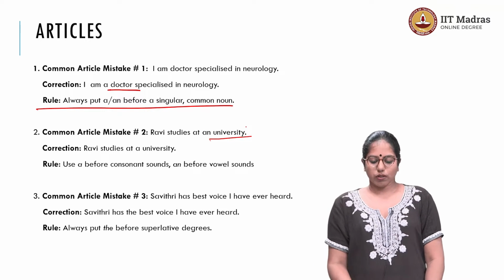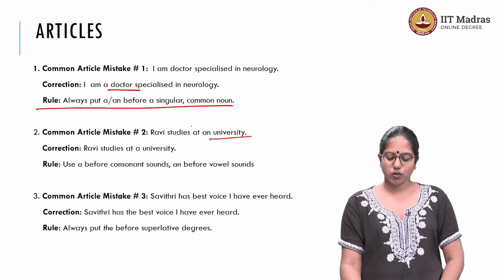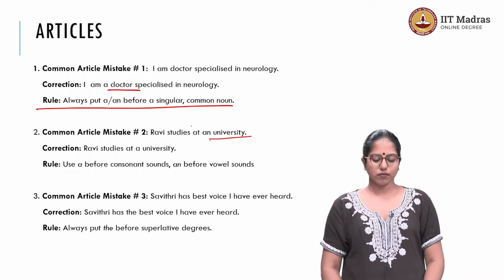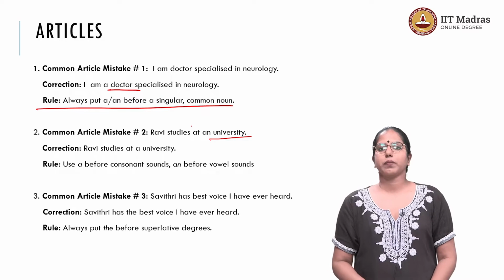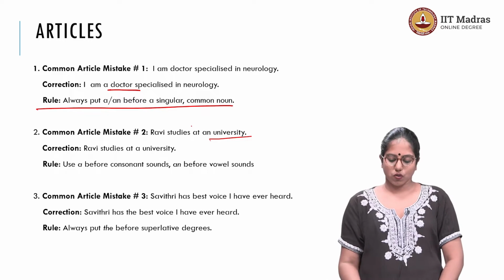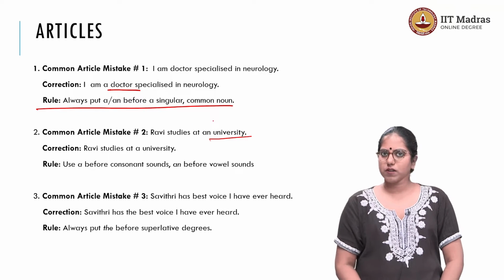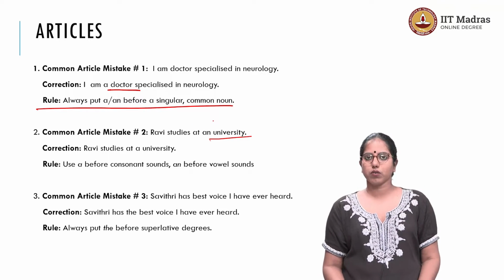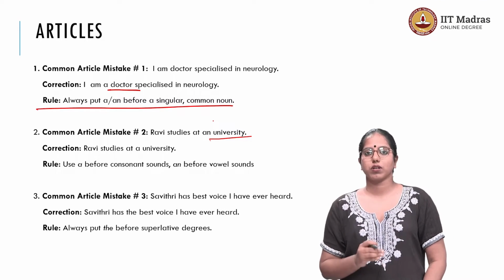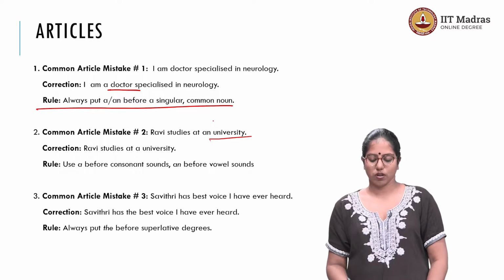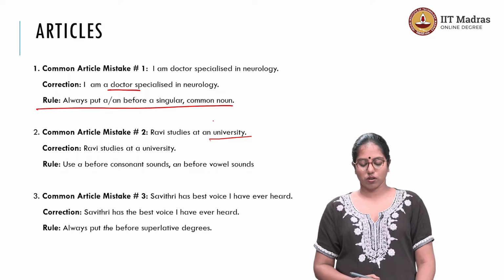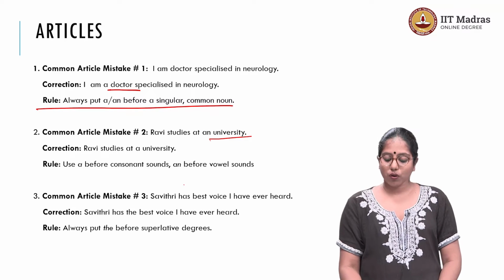Because if you go by that rule, then an is supposed to precede university, right? But that's wrong. Here you need to make a distinction between vowel sound and consonant sound. So what's the first sound of the word university? It's not oo, it's ya. Ya is a consonant sound, it's not a vowel sound.